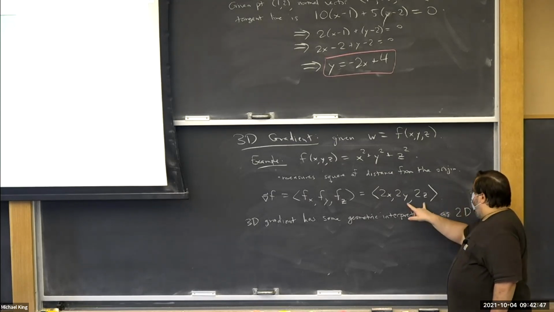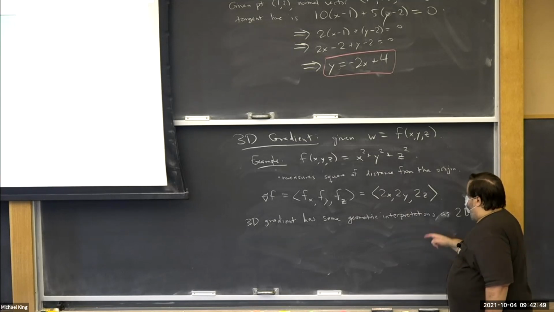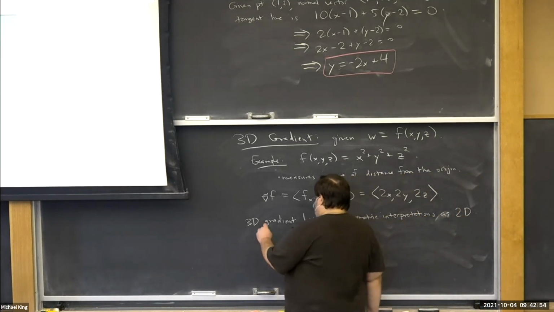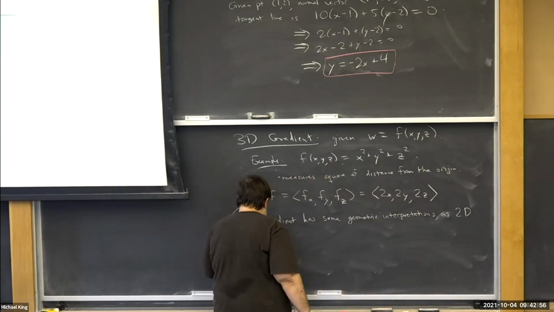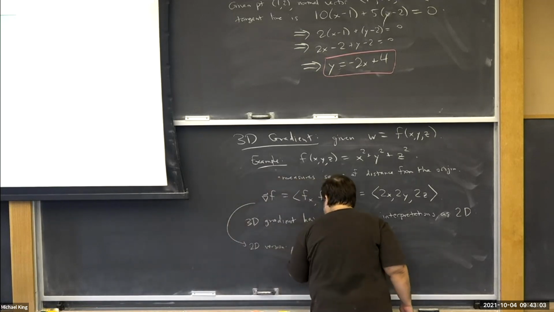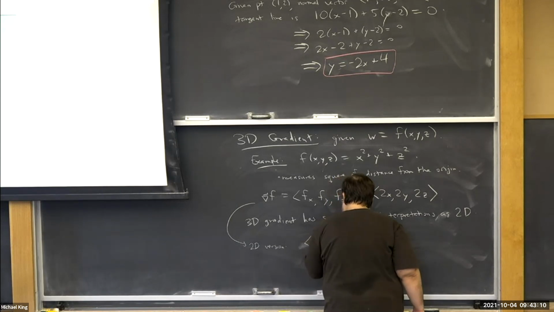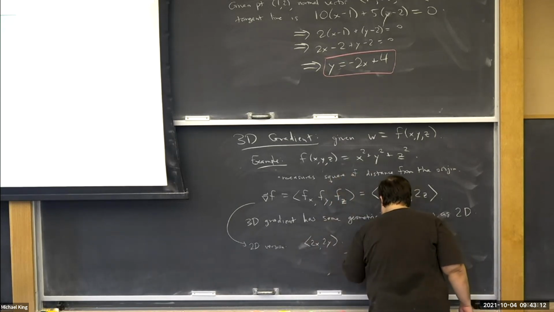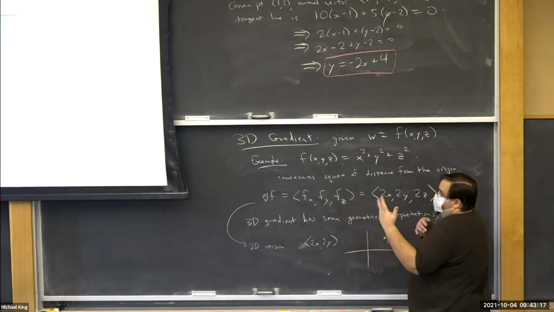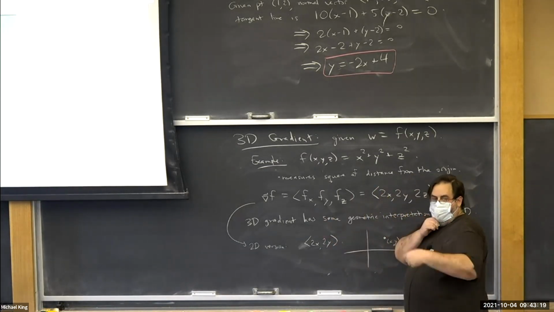It's worth mentioning, it's kind of weird to think about, but maybe I should give a 2D version of this real fast. The vector 2x comma 2y, if we're at the point x comma y, and just like with the gradient pictures I showed you, we want to think of the vector coming out of that point.